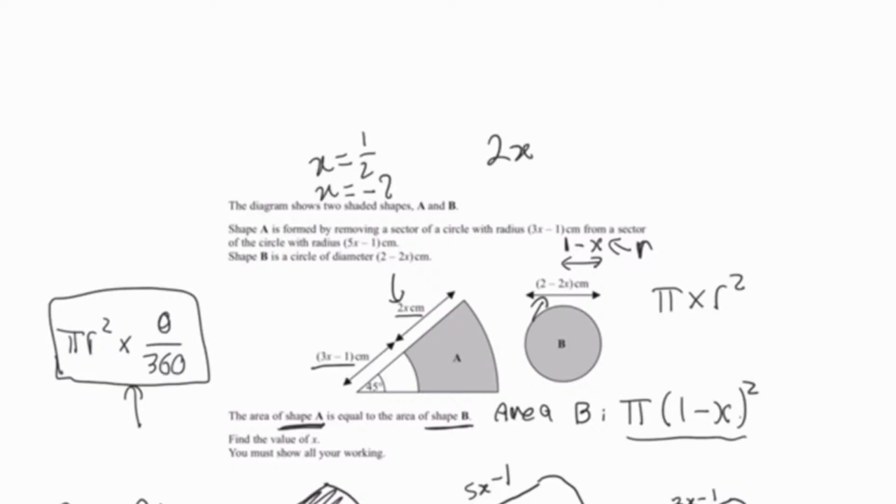If a measurement is given as 2x, can it make sense for x to equal minus 2? If x was equal to minus 2, then this part would be equal to minus 4, which does not make sense in terms of measurements. Because of that, we're not going to choose this solution. We're only going to choose x equals a half. So that would be our final answer for this one.